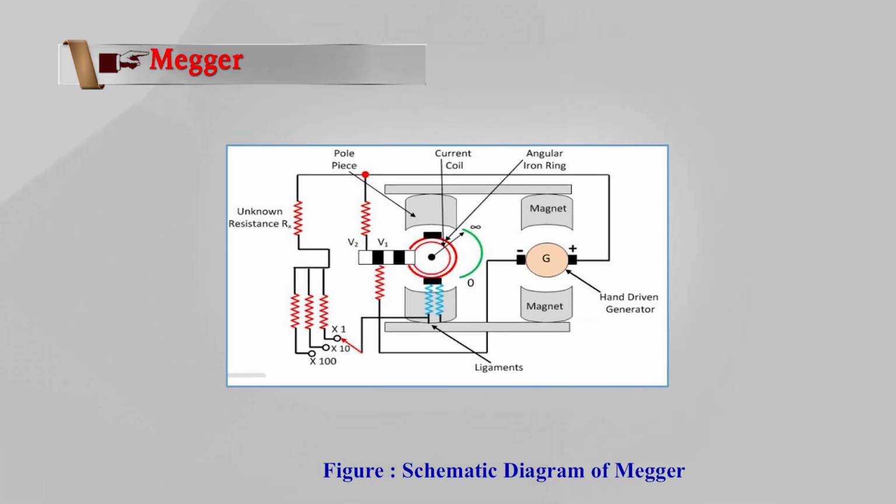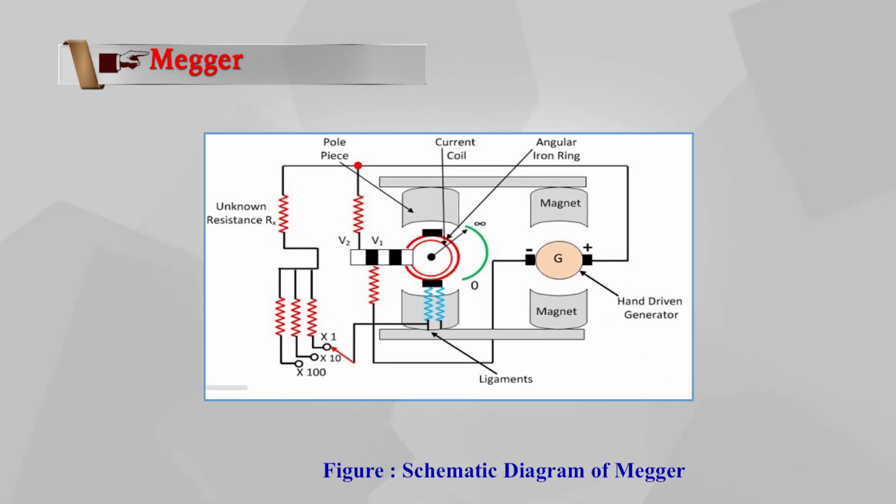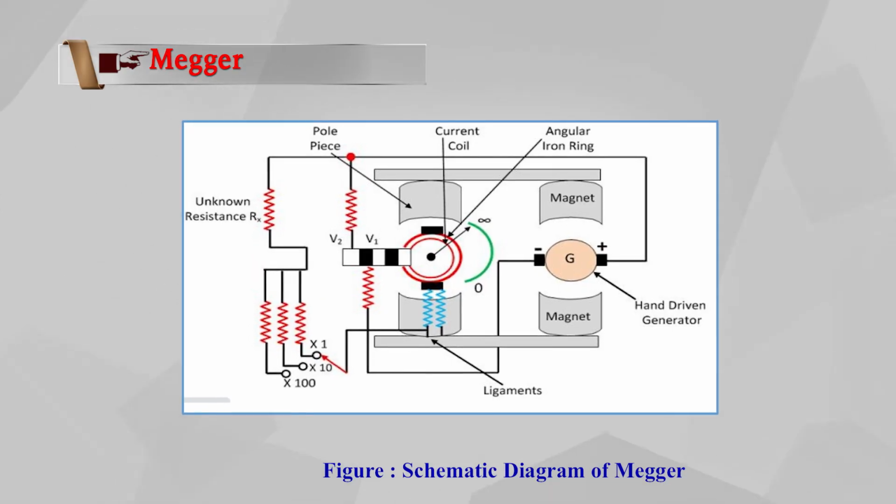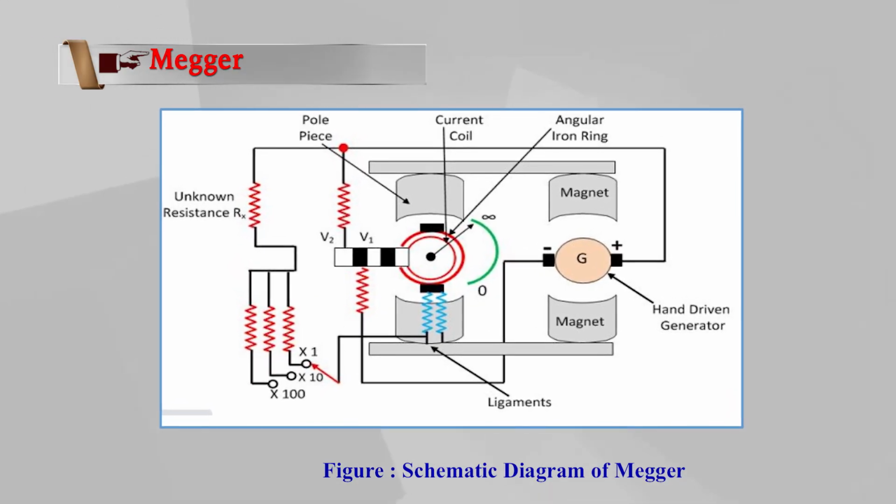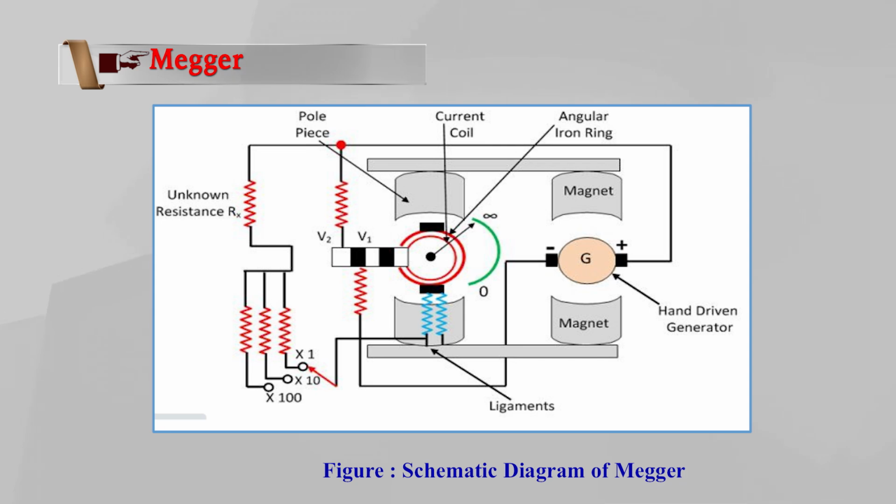So this is the schematic diagram of a megger. You can see the pole pieces, current coil, angular iron ring, and a hand driven generator. Where you have to measure the resistance, or you can say insulation resistance, you can put that insulation resistance here as shown in the unknown resistance.